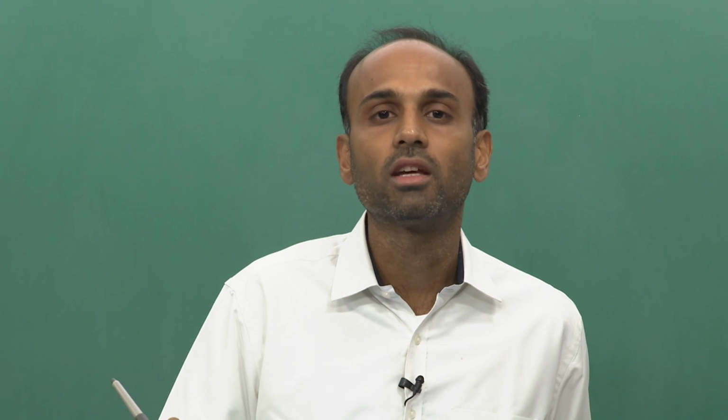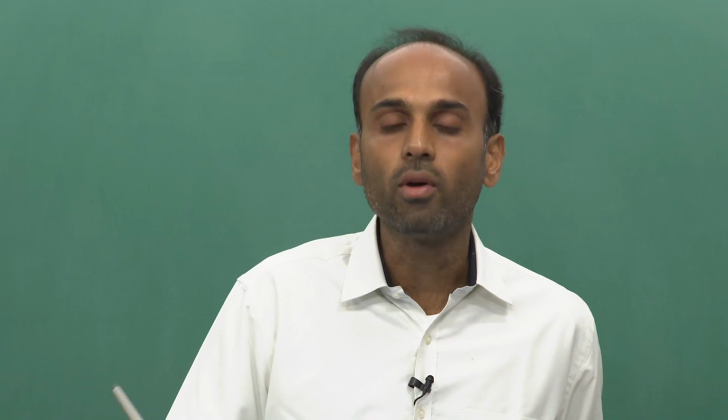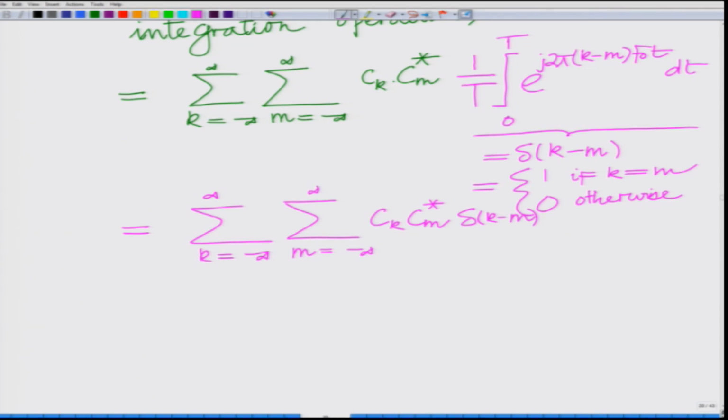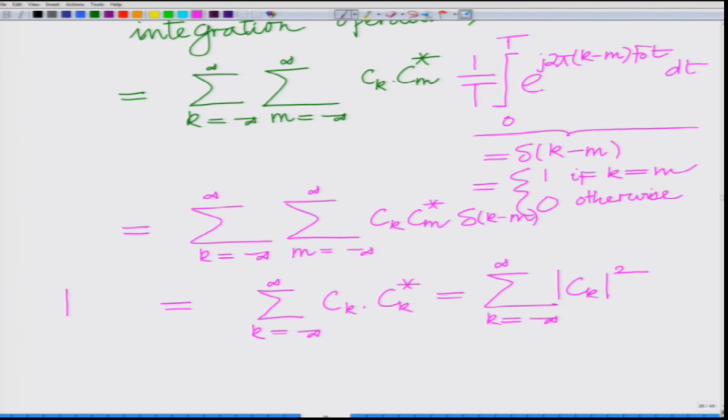When k equals m, Ck into Cm conjugate will be Ck into Ck conjugate, which is magnitude Ck square. So this is summation k equals minus infinity to infinity magnitude Ck square, and this is the expression for the power.